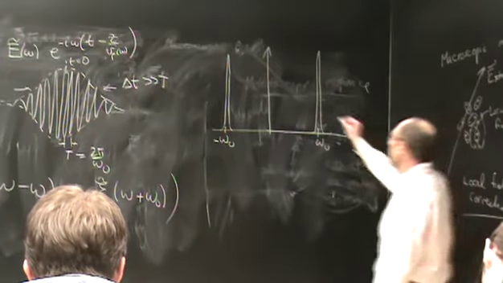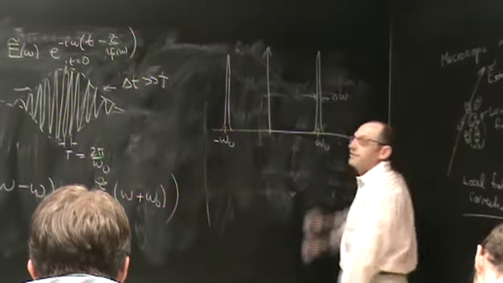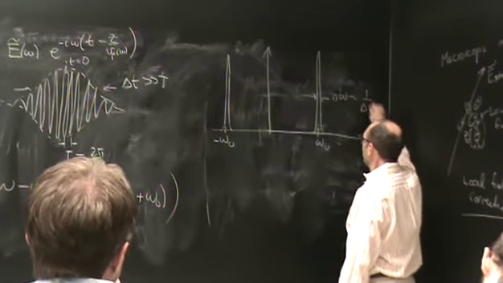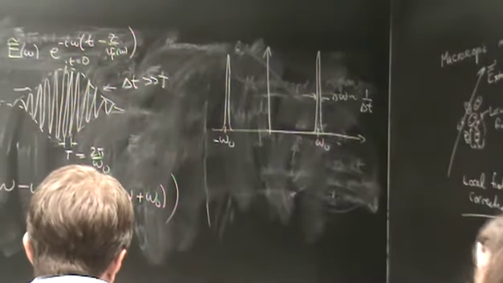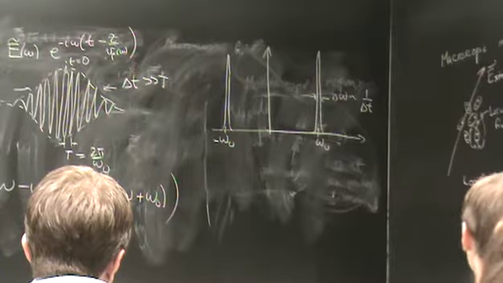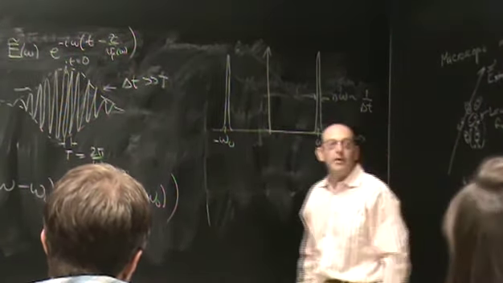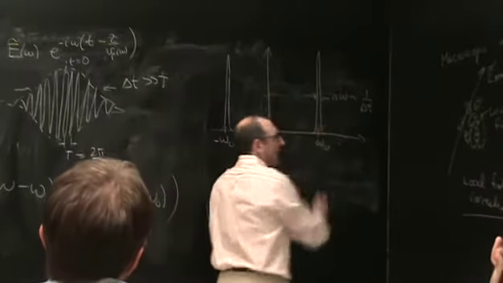Delta omega is the width of this peak, which goes like 1 over the duration of the pulse, according to Fourier duality. The assumption is that this width is tiny compared to that distance.